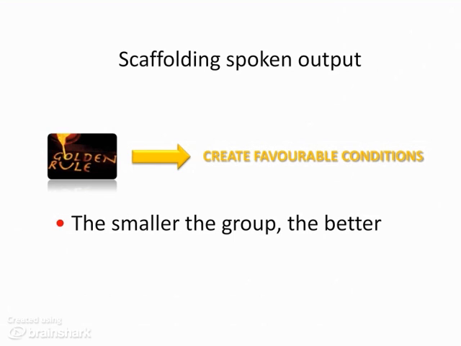And maybe one group is the group that has the teacher's attention because that activity is a spoken output activity. Well, if that group is small, perhaps 4, 6, 8 students rather than 25 students, then the individual only has to speak in front of a small group. This reduces the risk and reduces the stress, and is more likely to result in the student being willing and able to speak.